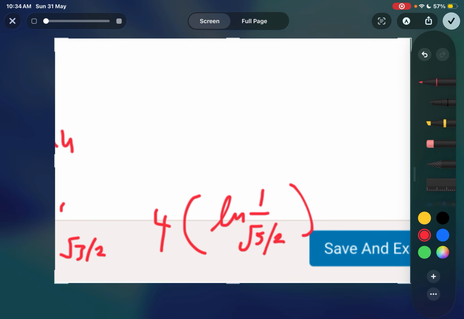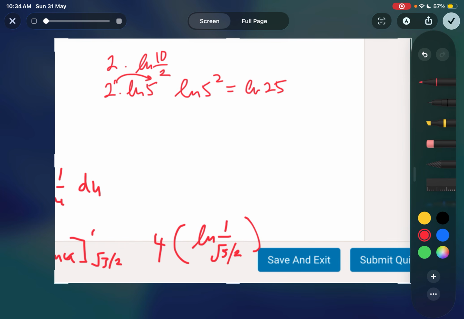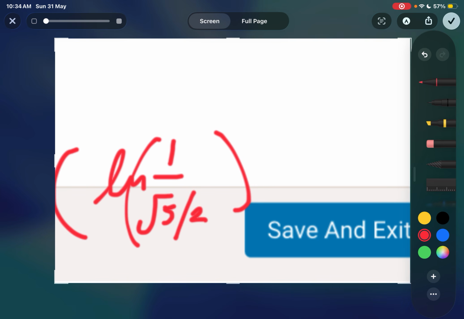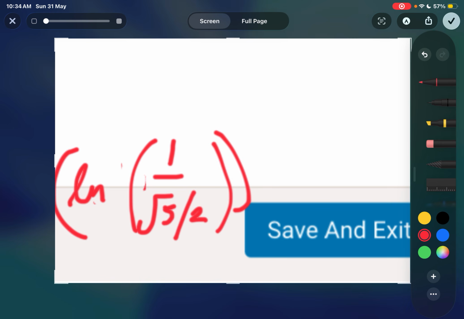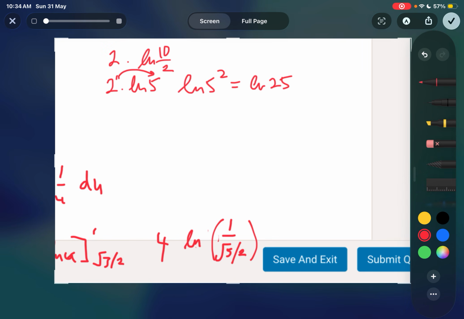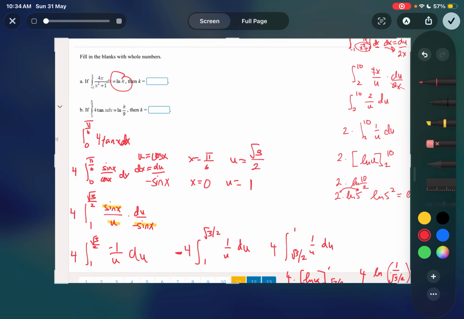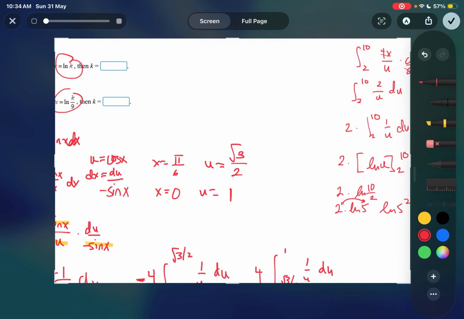And then you put this on the calculator, you solve this, and then since this is a whole, let me move the ln there, just do ln of this. Okay, when you have this, they want it in a whole, right? Look, they want it whole.